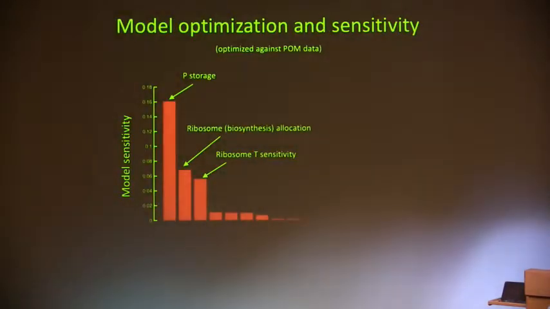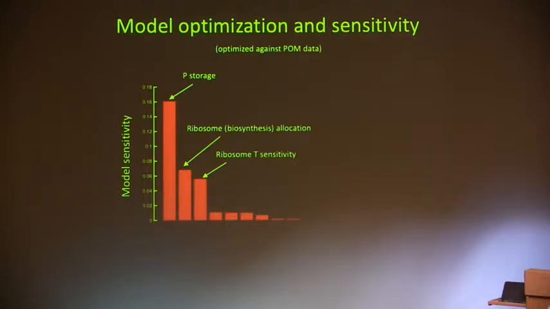All right, so the other thing we did was that we optimized the model against our global particulate organic matter database. We were interested in figuring out which of the 14 parameters in our model give the highest sensitivity, and then trying to find the parameter values that best predict the global distribution in the POM concentrations and ratios.